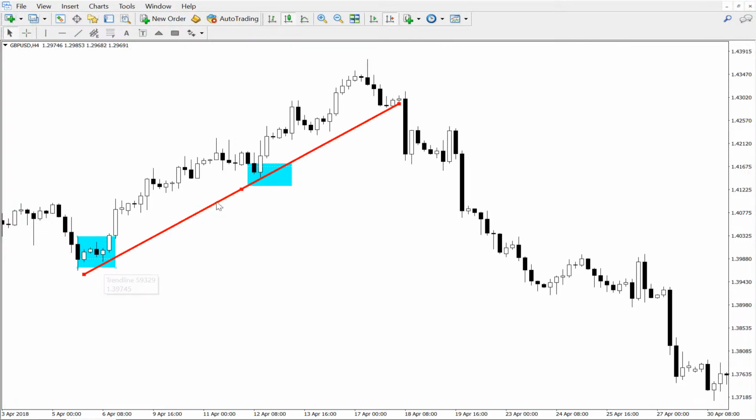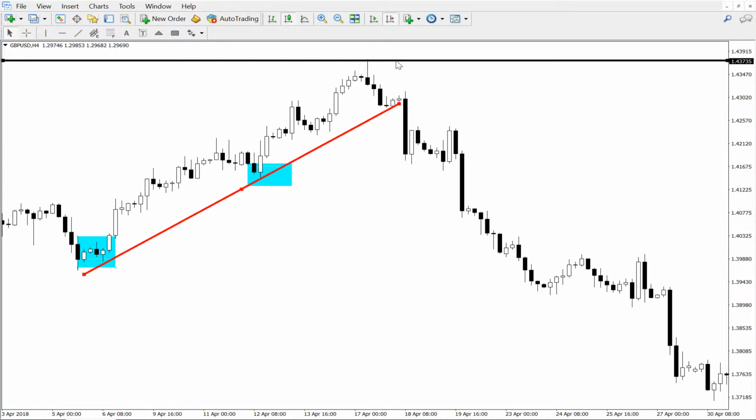If we miss the chance to buy here, we can wait to see how the market behaves. Price went from here to here, and then the market got rejected from here.